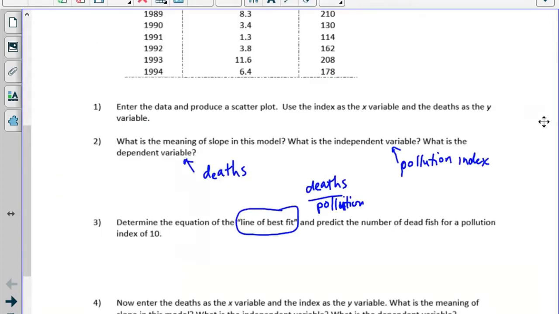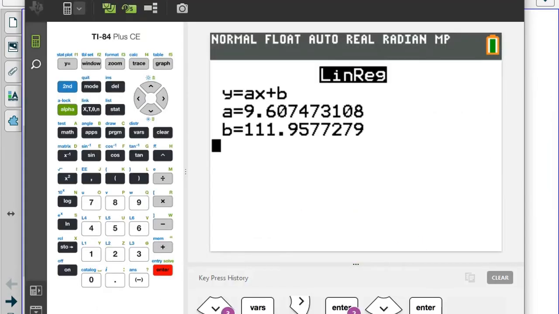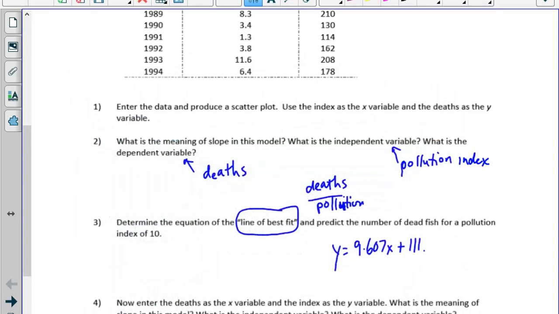So that's 9.607x plus 111.958. So that is the line of best fit, the regression equation for this particular problem.